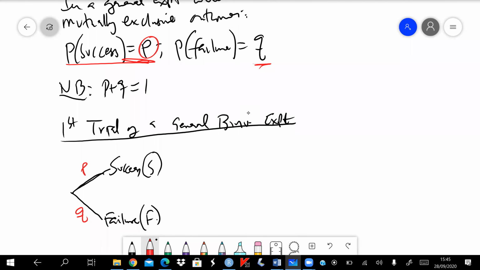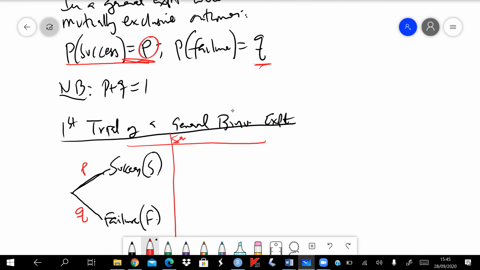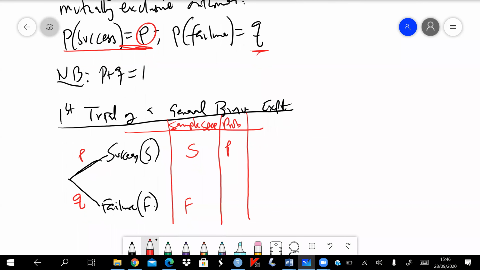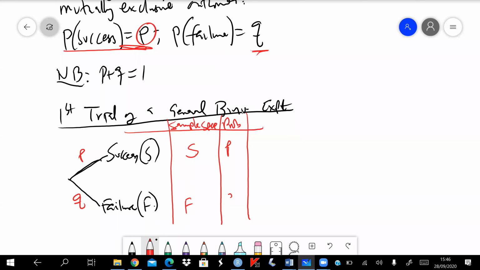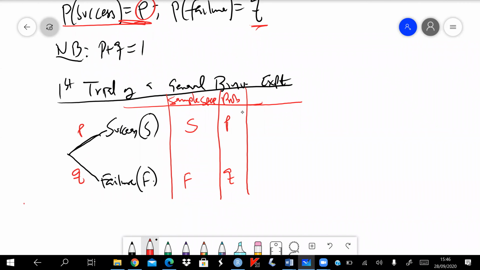Okay, so let's list the sample space. You can get S, you can get F. So let's have the probabilities. The probability of getting an S is P, and the probability of getting an F is Q. Let me do this.